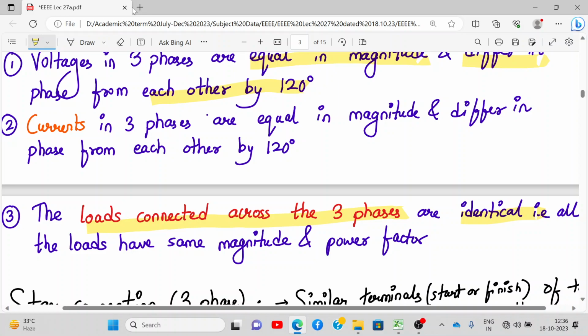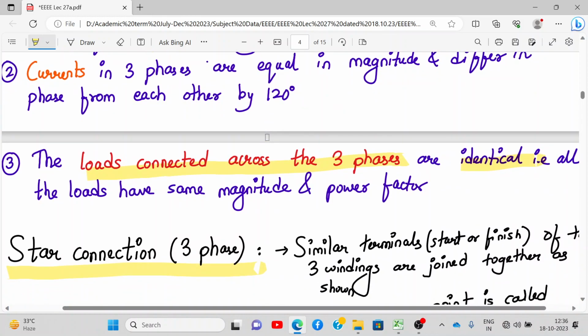That is, all the loads have the same magnitude and power factor. Write this, it is important. The third condition is important. The loads connected across the three phases are identical. All the loads have the same magnitude and power factor. Okay?